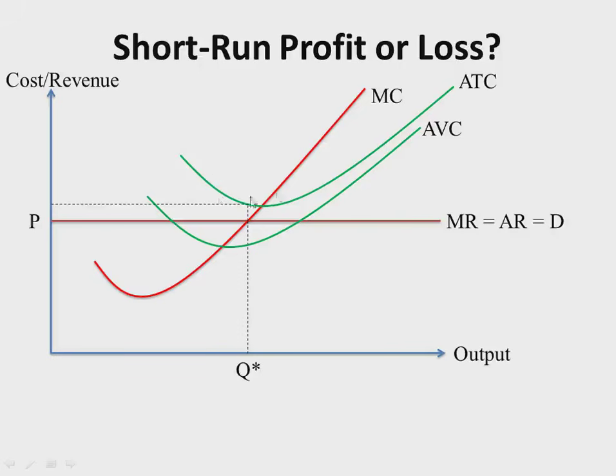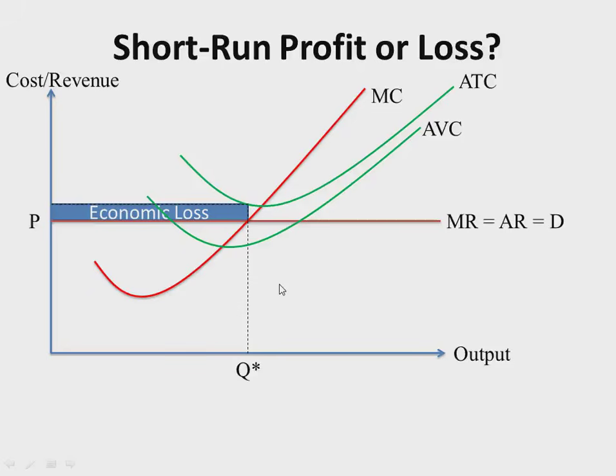Now, because the average total cost curve is above the average revenue, the difference here gives us the losses that the firm is making, and we call this the economic loss. The big question is, should this firm shut down in this case of a loss?